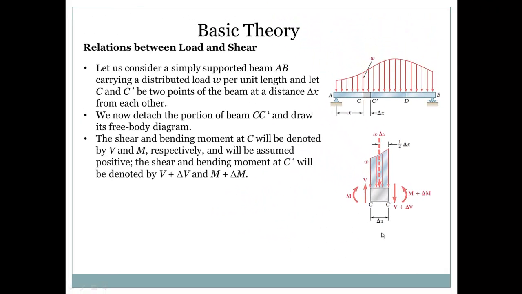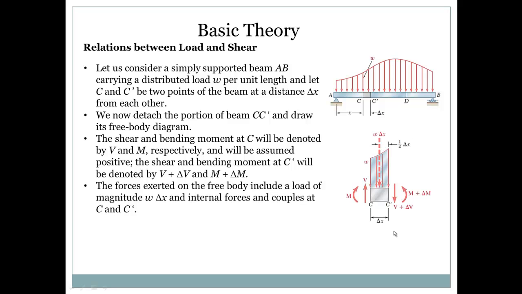The shear and bending moment at C will be denoted by V and M. These are the values of V and M, and we'll assume this is the positive direction, for now. The shear and bending moment at C prime will be denoted by V plus delta V and M plus delta M, which is this part right here.